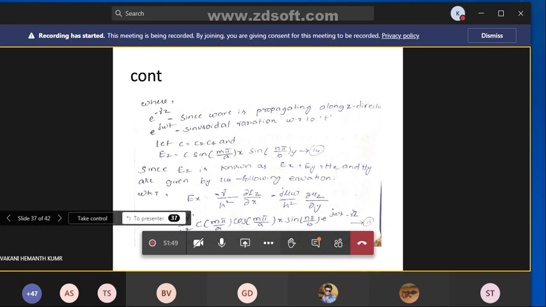Here we are adding these two terms, e power j omega t into e power minus gamma z. e power j omega t means sinusoidal variation with respect to t, so it is a sinusoidal waveform and the wave is propagating along z direction. That's why the Ex equation becomes minus gamma by h square C m pi by a cos(m pi by a x) sin(n pi by b y) e power (j omega t minus gamma z).